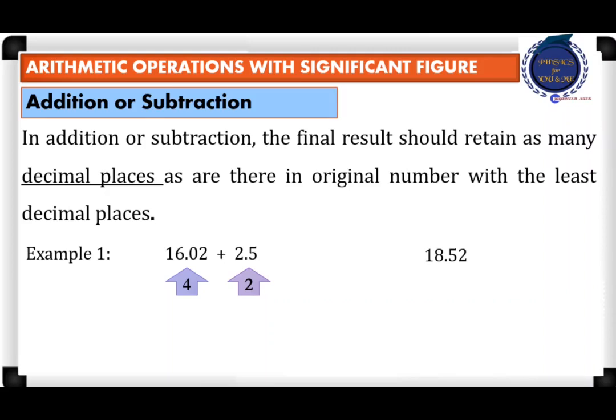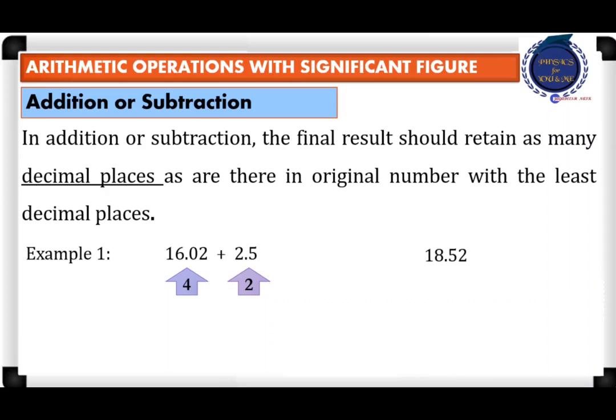But according to the rule, here we are not going to consider the number of significant figures in the original numbers. What we are going to consider is the number of decimal places. The first number has 2 decimal places. The second one has 1 decimal place.